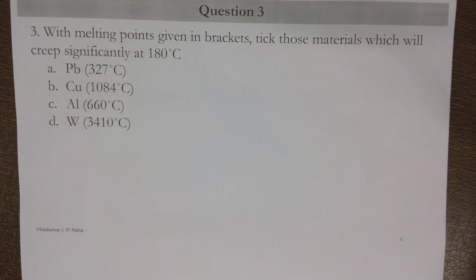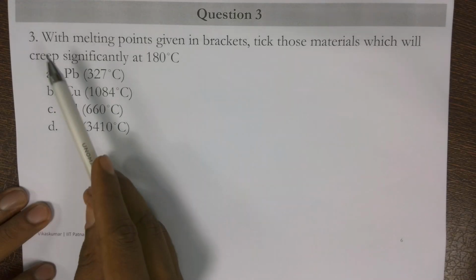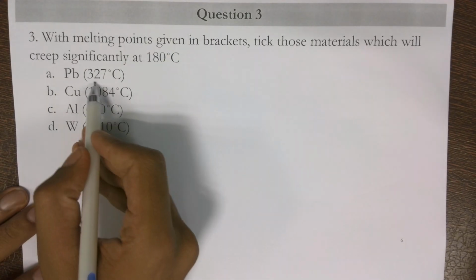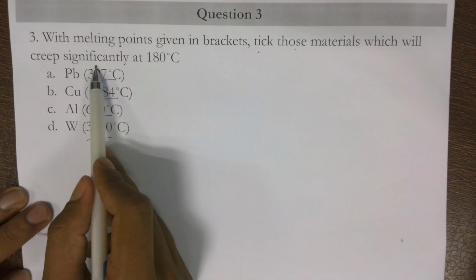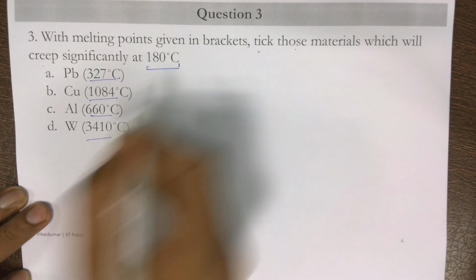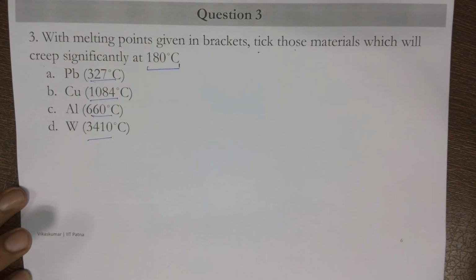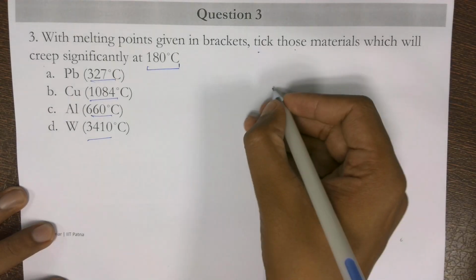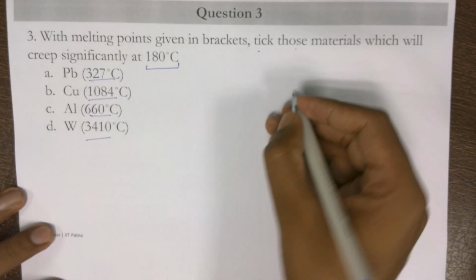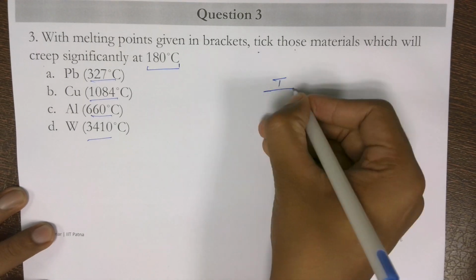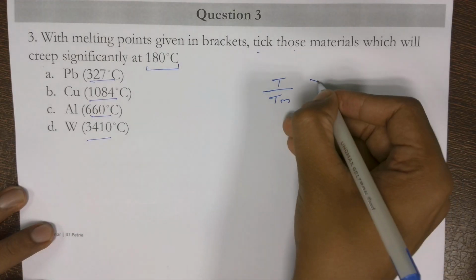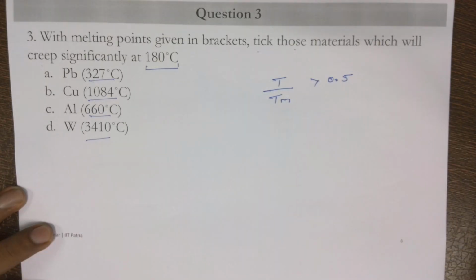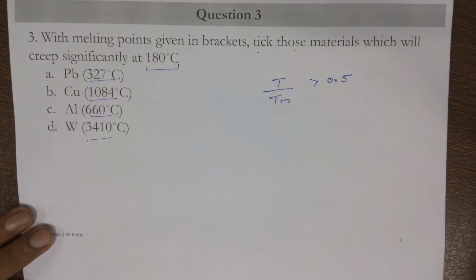Let's go to the next question, question number 3. The question is, with the melting point given in the brackets, take those materials which will creep significantly at a temperature of 180 degrees Celsius. Our condition is still the same. T over Tm, if it is greater than 0.5, then the specimen will undergo creep.